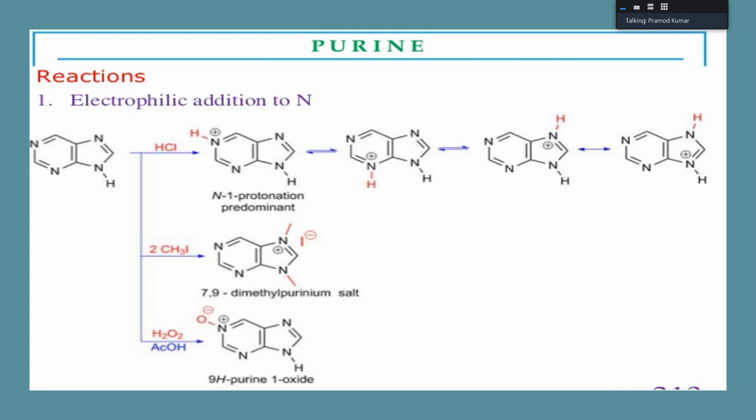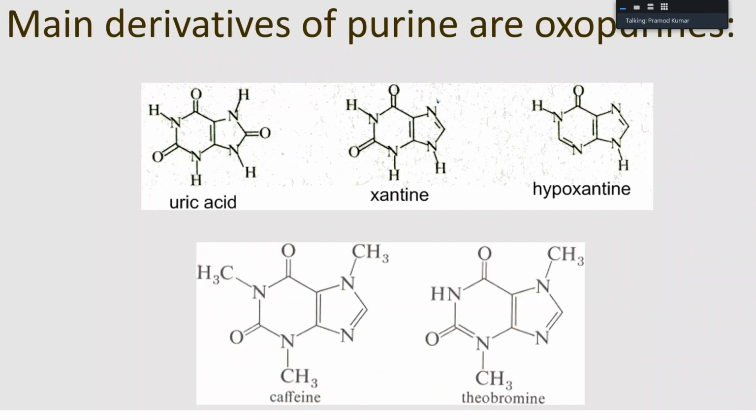Very important, all these things, because this forms the basis of the mechanism of action of your purines and pyrimidines. So alkylation takes place at the 7th and the 9th position. These are prone to alkylation.